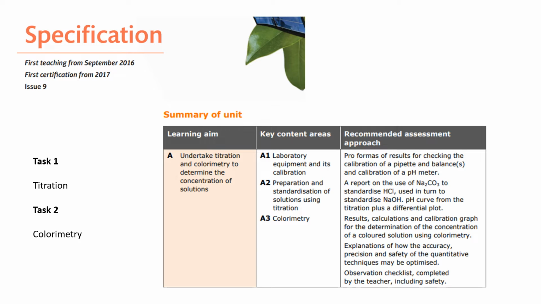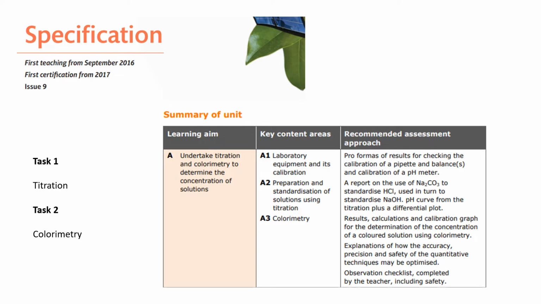Don't confuse that with task B, which is calorimetry, which is all about cooling curves. Task 2 in Assignment A is colorimetry. Yeah, color. So task 1 and task 2 make up Assignment A.